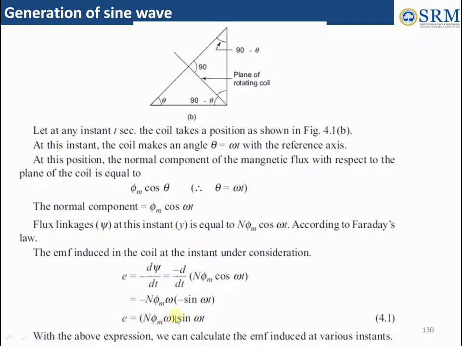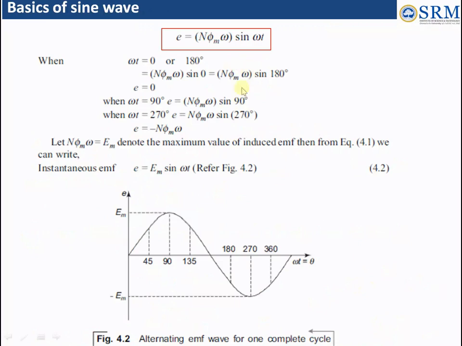We can calculate the EMF induced at various instants. At omega t equal to 0 or 180 degrees, if we put sine 0 or sine 180, the EMF will become 0. At 90 degrees or 270 degrees, sine 90 is 1 and sine 270 is minus 1.